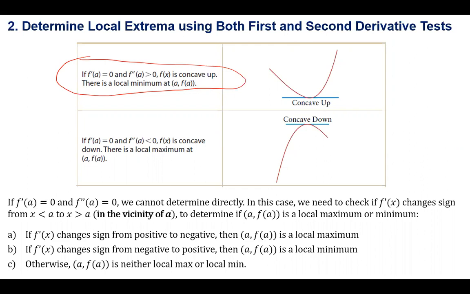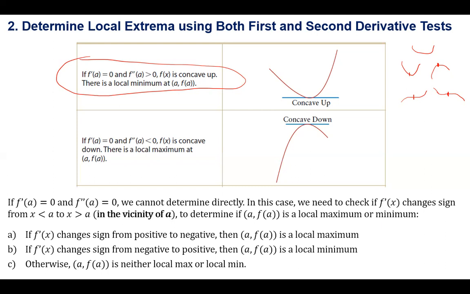You see why? Because first of all, if the first derivative is 0, then the instantaneous rate of change of this function is 0, right? So this function looks like this, or sometimes this or this at this point. Next, we check the second derivative.